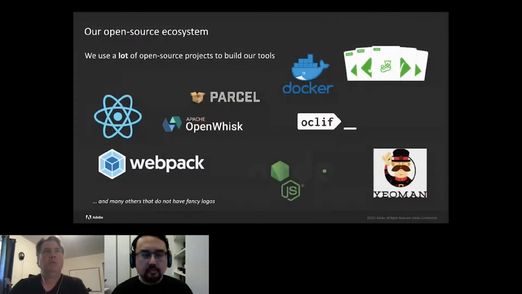We not only contribute a lot to open source, but we use a lot of open source. We're heavily involved in using NPM modules, and that means a ton of JavaScript, a ton of Node.js. Projects like Webpack we use to package actions for deployment.